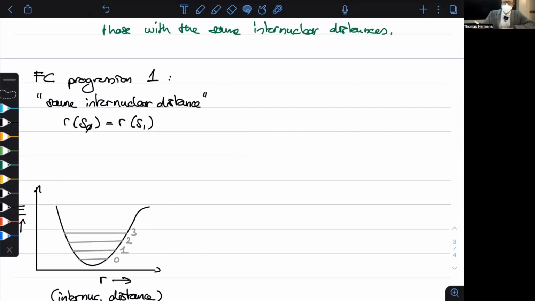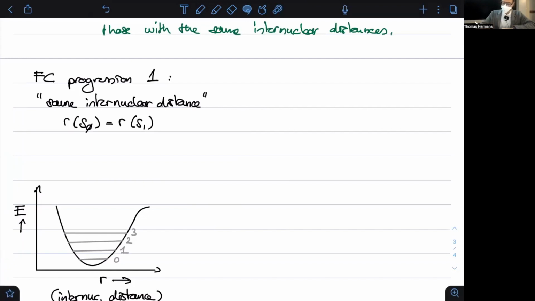So I'm going to draw now an energy landscape, basically, but it has the same vibrational levels. Instead of drawing just a flat, thick line, I'm drawing now as a function of distance. If you pull two atoms apart, that's energetically unfavorable. If you push them together, that's also energetically unfavorable. That's why this is a U shape. So there's a minimum energy of the distance between two atoms.